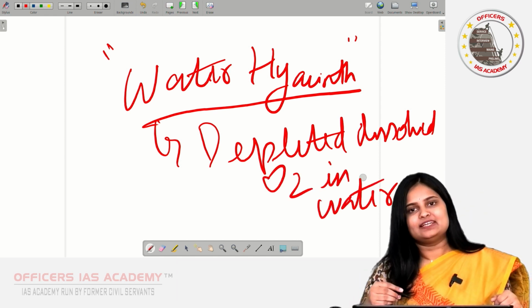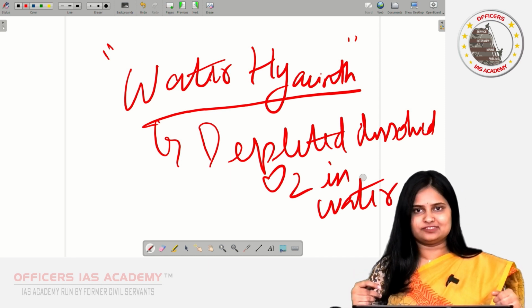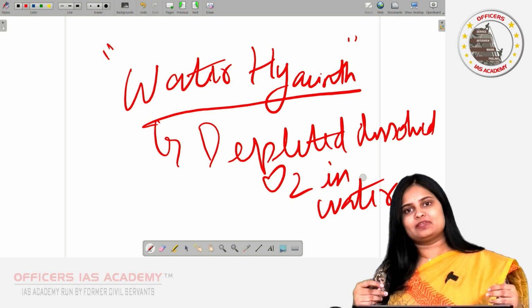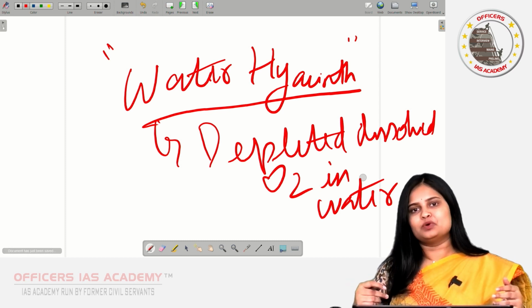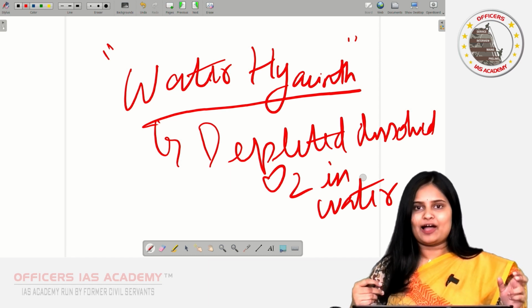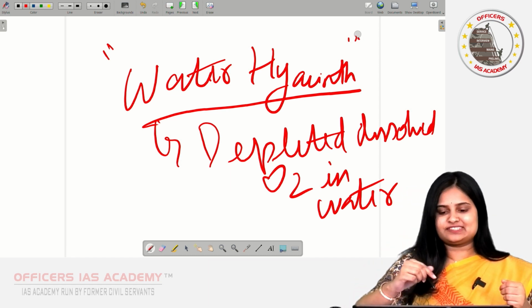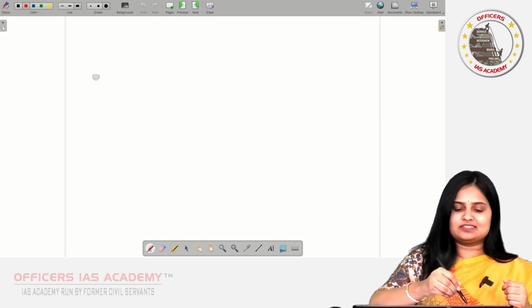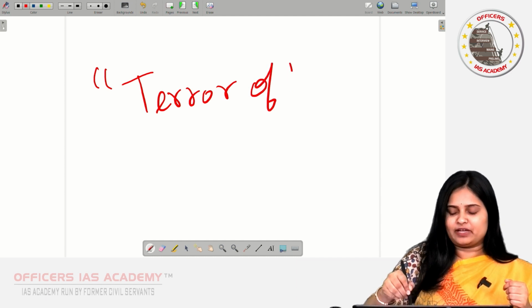When this happened, it resulted in the mortality of a large amount of aquatic organisms like fish. At the same time, the livelihoods of many people who were dependent on these resources were also affected. The havoc caused by this particular plant was so devastating that water hyacinth has also been nicknamed the Terror of Bengal.